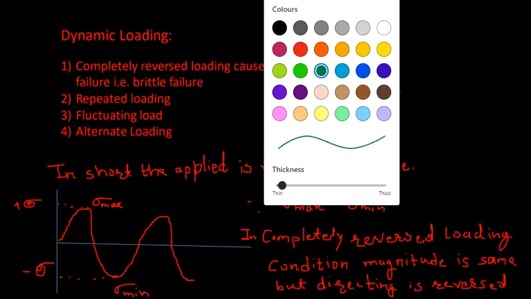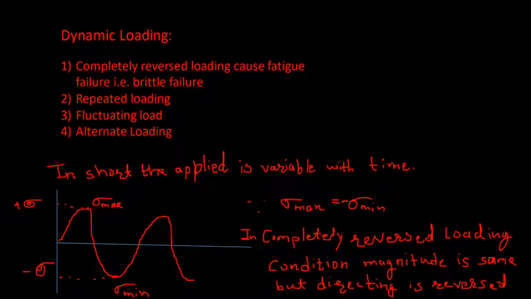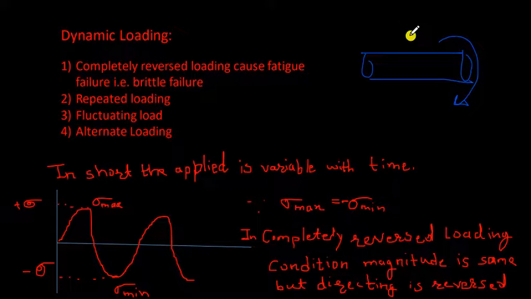Let me change the color so that it will be clearly visible. Let us say this is the shaft. While it is rotating, let us say there is some machine component like a gear mounted on it, and because of this component, it may be a gear or something else, there will be a loading in this direction.